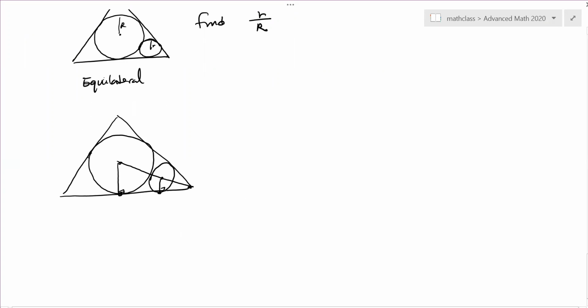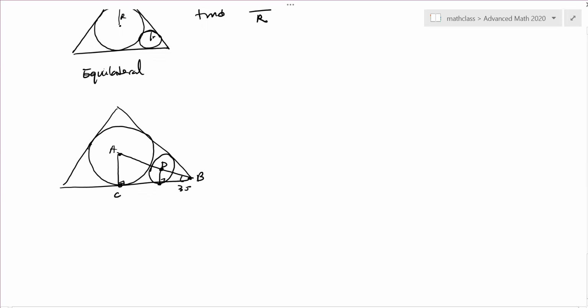So let's measure. This is A, that's B, that's C, and this is D. This is an equilateral triangle, so you have to use a proper equilateral triangle. That's a 30 degree angle, right? Now, if this is capital R, this is little r.